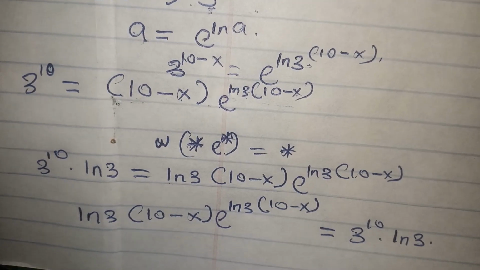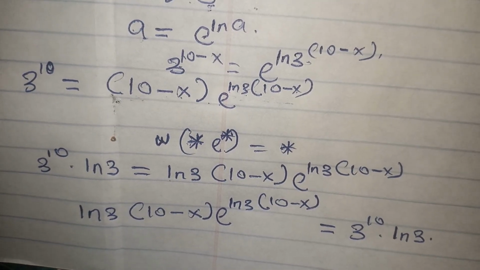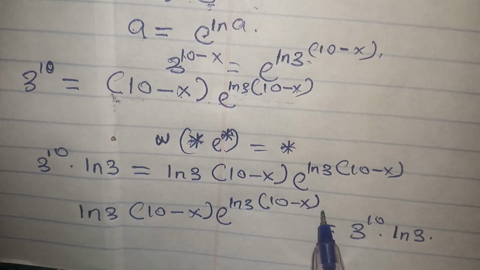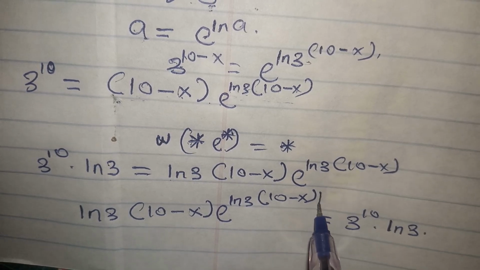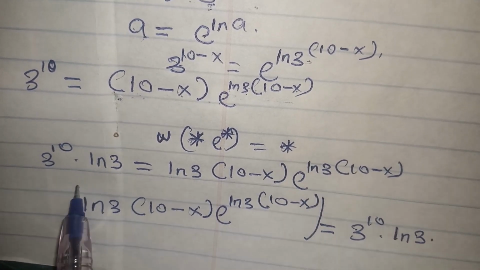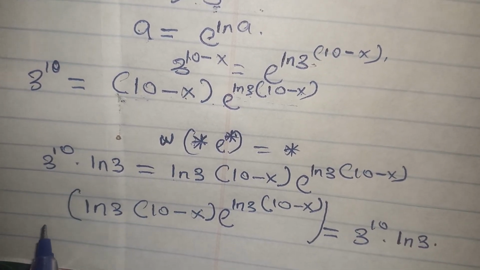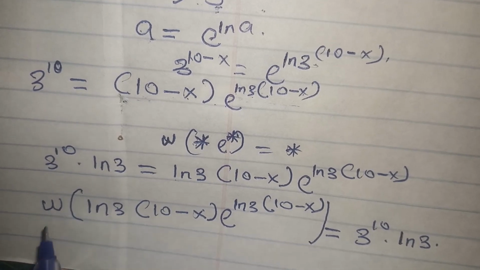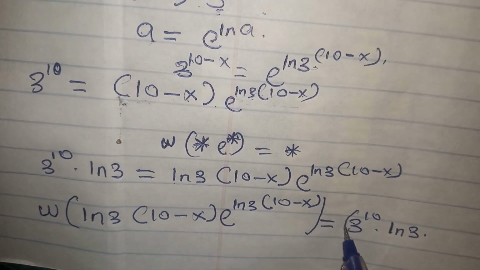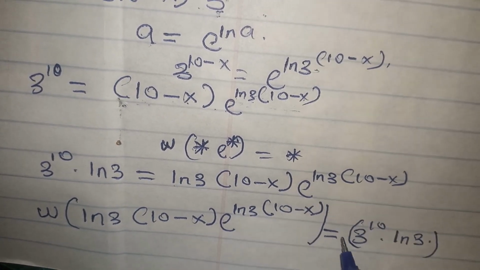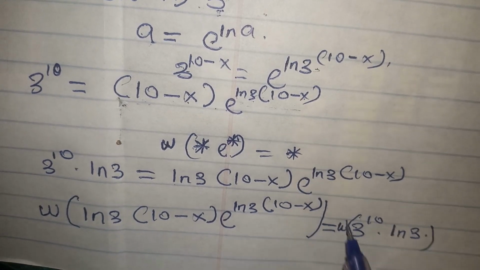Okay, so this is what I'm now having. So from here, I can easily apply the Lambert W function, putting the W at this part and also at this part.